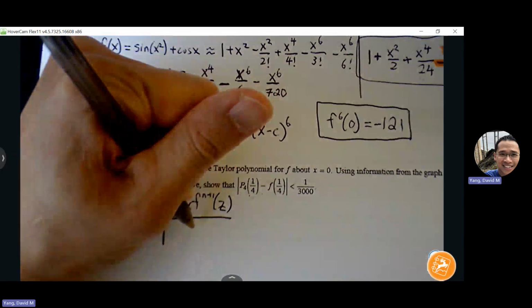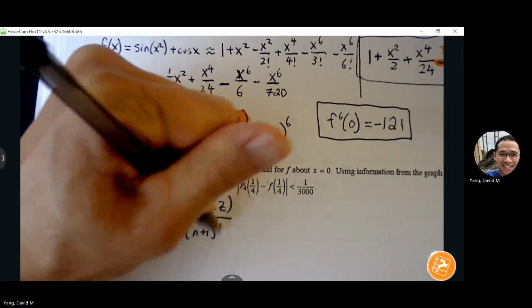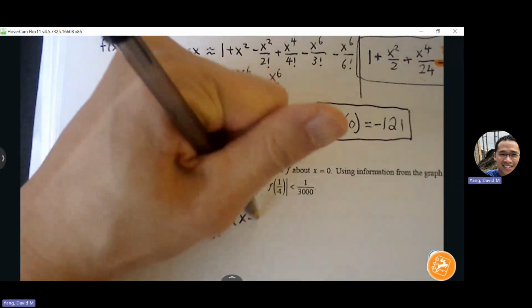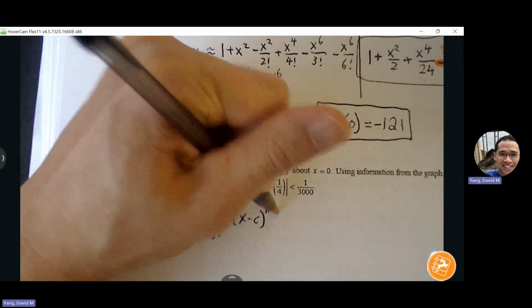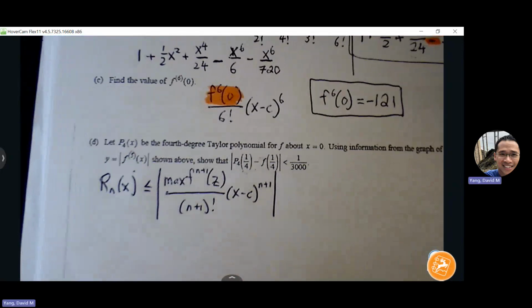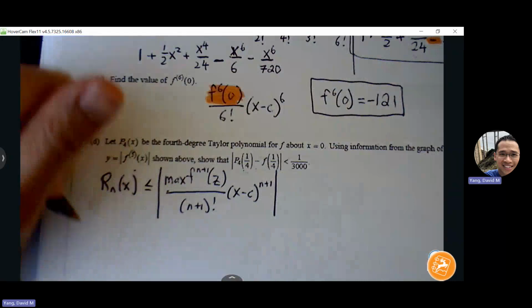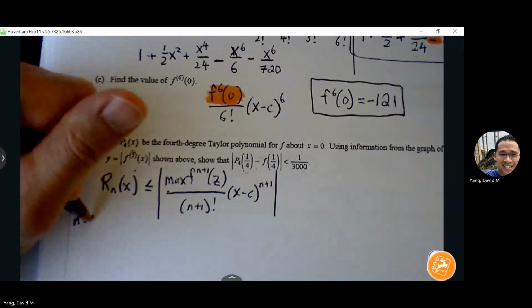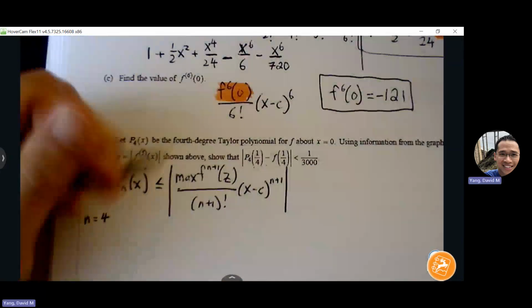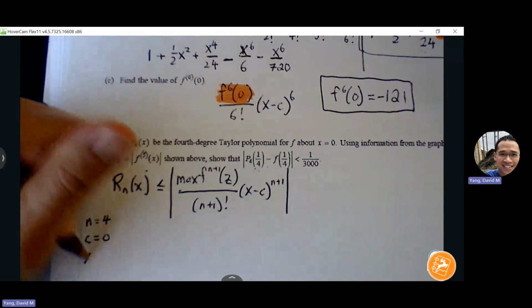I just do it for purposes of making sure we know where everything is coming from. Okay. Let's assign some values here. N equals what? N equals 4. C equals, X equals.